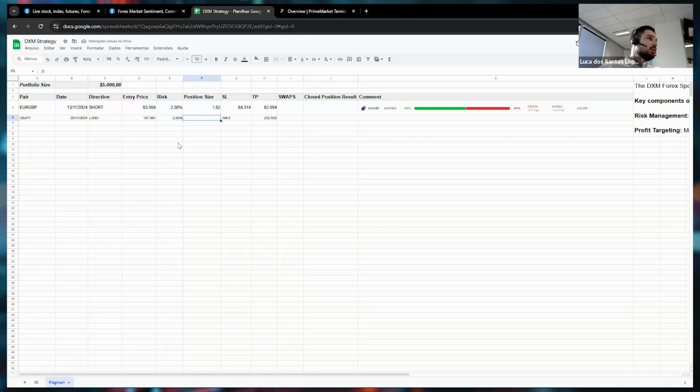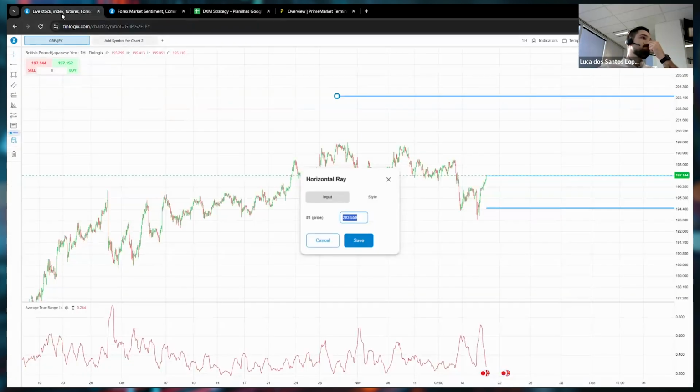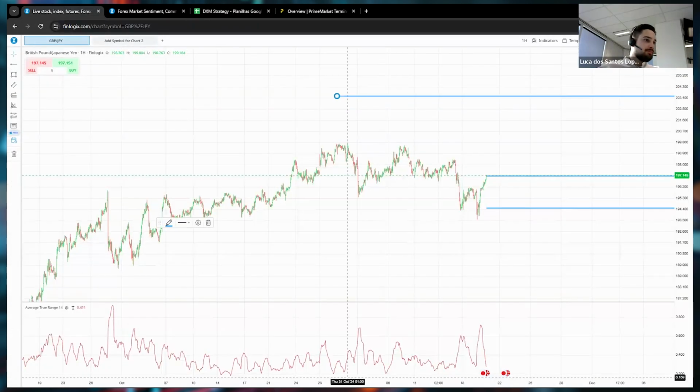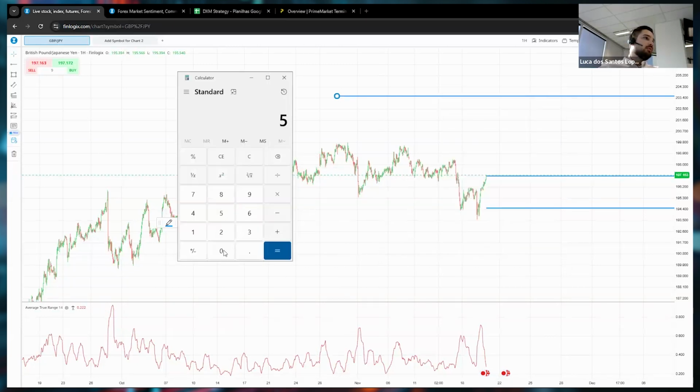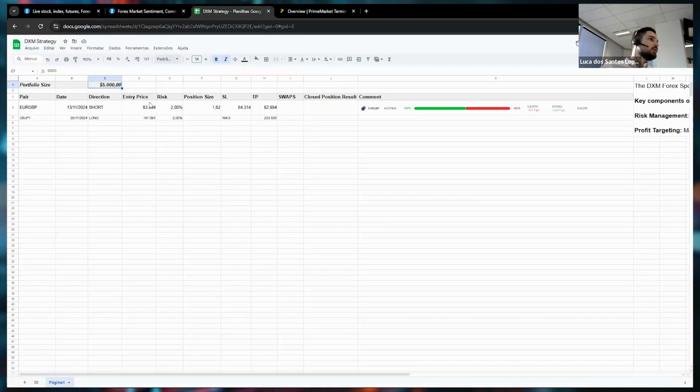Position size, let's calculate what's 2% of $5,000. Where's my calculator again? 1% of 5,000 is equal to $50, so basically 2% is $100.